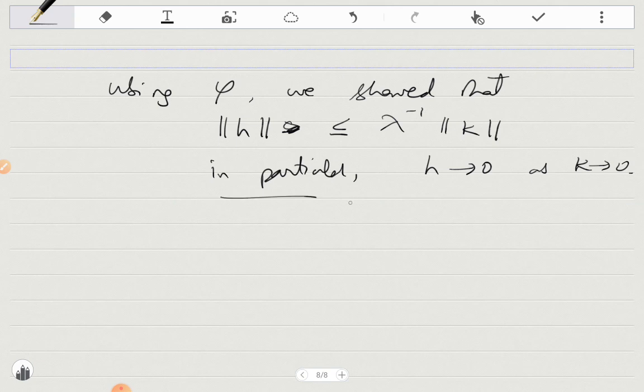Okay, this is what we had last time, and today we proved that invertibility is continuous, etc. Now let's go back to the definition of the open set U. That's how I began today's class.